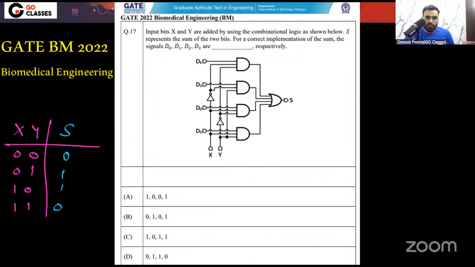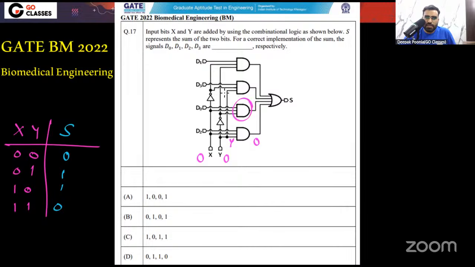Let's see, when x is 0, y is 0, then s must be 0. So let's put x 0, y 0. Now you can notice this AND gate output will be 0, because this AND gate has one of the inputs y.